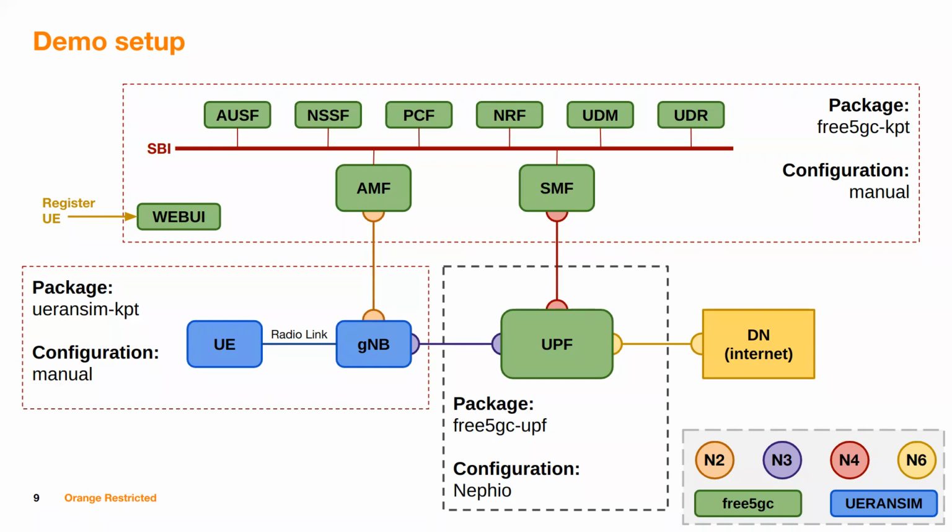Okay, no problem. Just trying to understand. Thanks. By the way, Piotr, there is another question from Aravind, but he cannot join. He asked, what is the role of the free5GC operator? If the KPT package already contains the required KRMs to deploy NFs, is the UPF deployment CR used in this flow? Yeah, to answer it, as I mentioned here, the UPF configuration is done by Nephio. In fact, the UPF deployment CR configuration is done by Nephio.